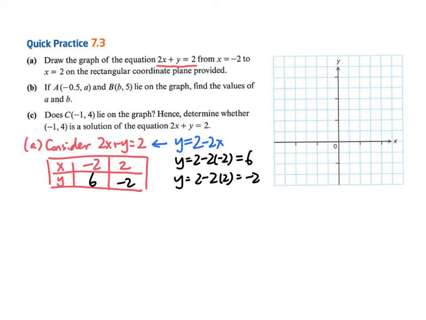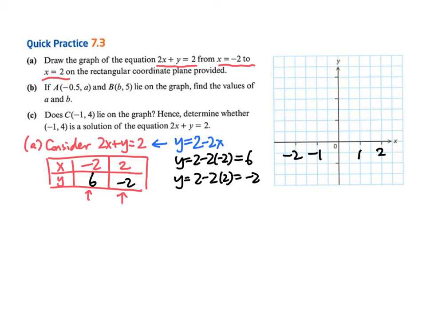For this one, I will use 1, 2, negative 1, negative 2. Since the graph needs you to draw from x equals negative 2 to 2, you must cover y from negative 2 to 6.